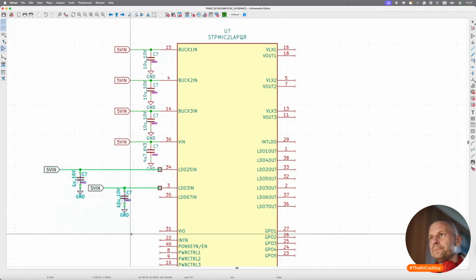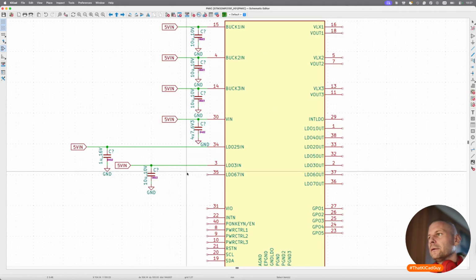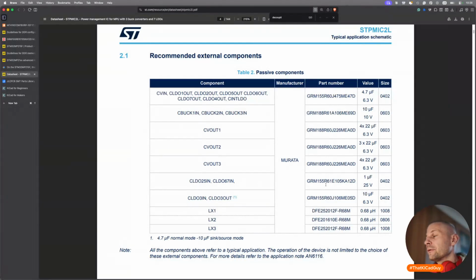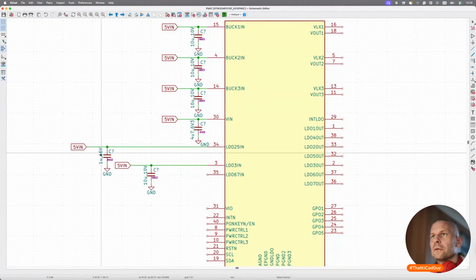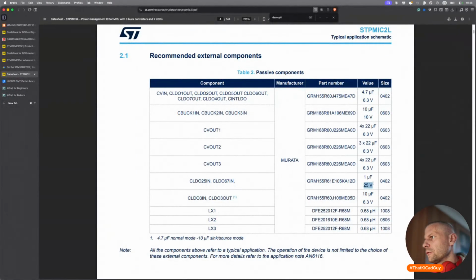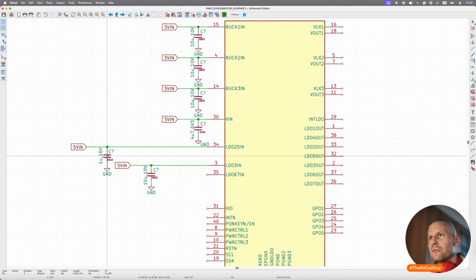And the schematic is 4 micro 7, 1 micro to 25, the same as this one. Oh, 25. Okay, it's not 16 but 25.